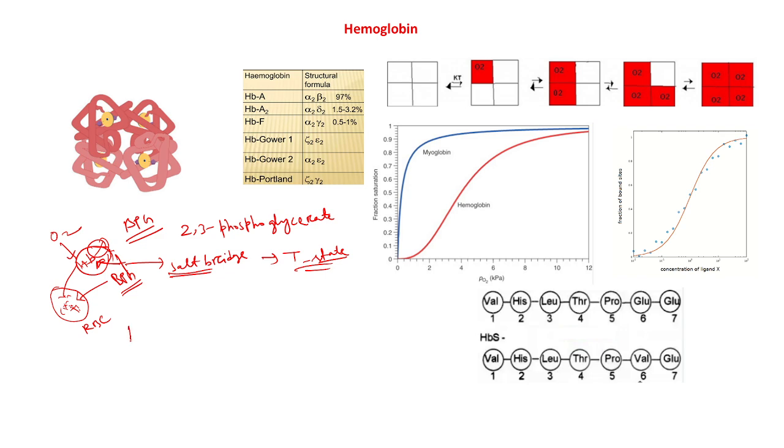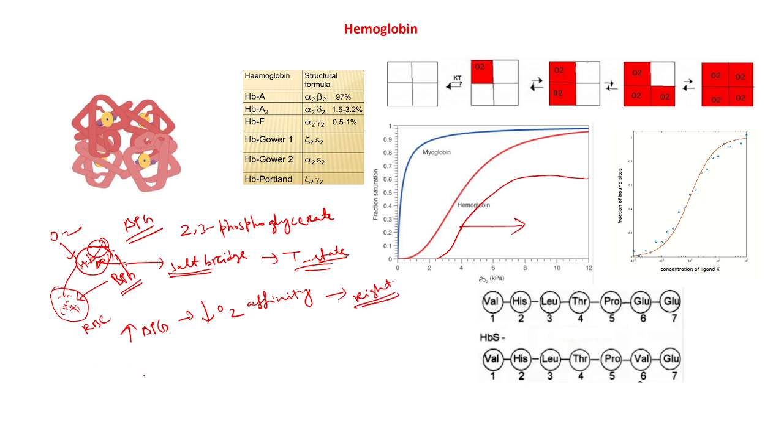So always, the more BPG, the less oxygen affinity. The affinity is low. Then obviously it will shift the graph to the right side.